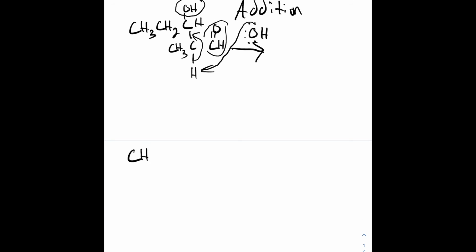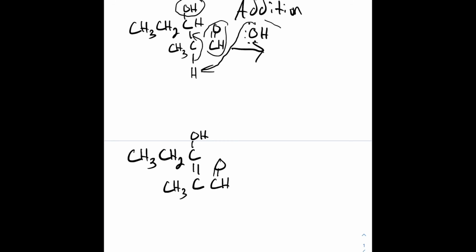So you'll have this. You have this double bond with this carbon. You have this CH3. You have this like that.